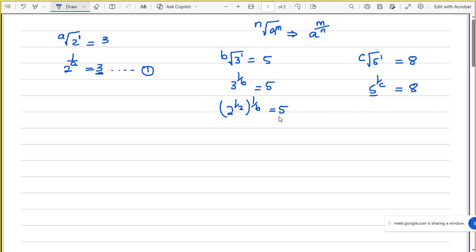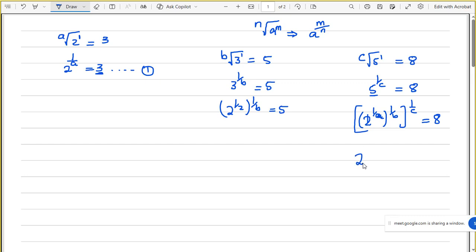But we know what 5 is equal to. So where there's 5, I'm just going to substitute 2 to the power 1 over 2, close the bracket, then to the power 1 over b, and then everything is to the power 1 over c. This is equal to 8. Do you understand? Yes. So now I see that if I multiply the exponents, I'll get what I'm looking for, which is 1.